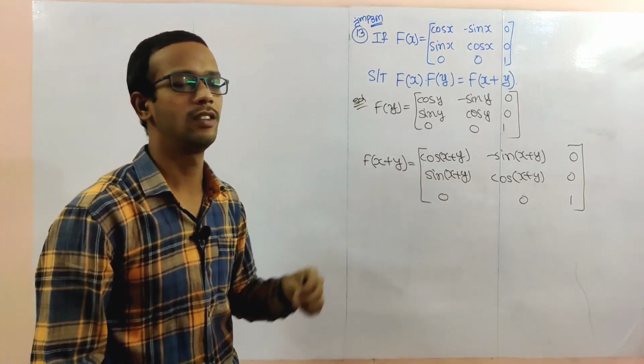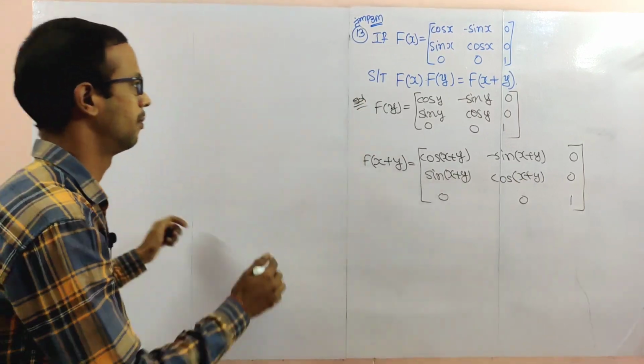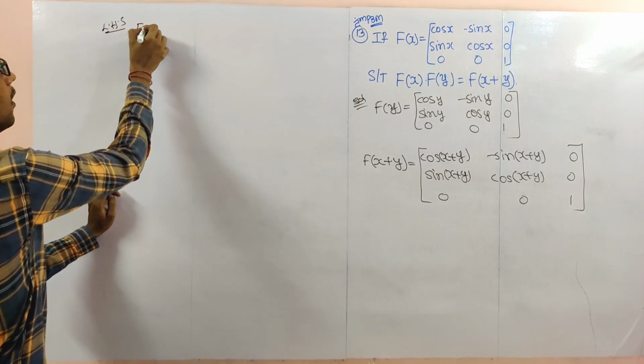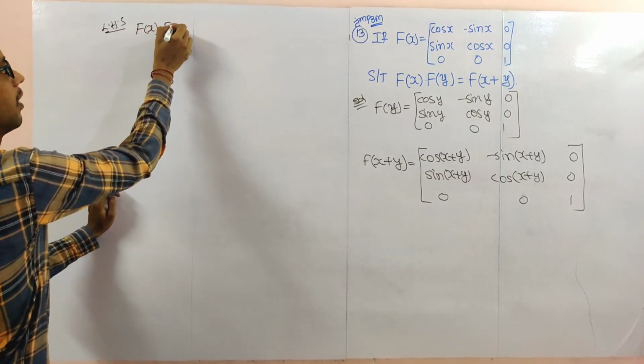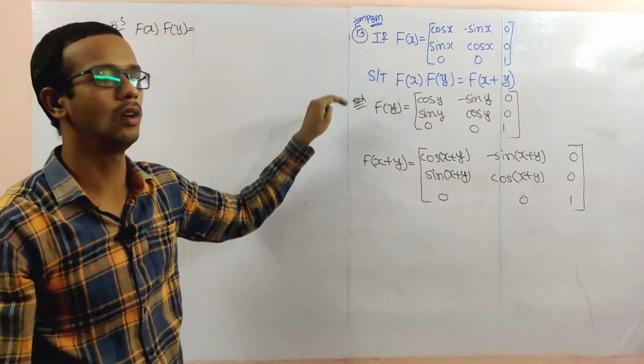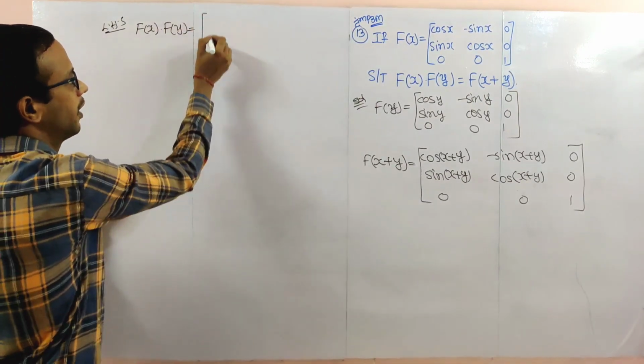Now I'll simplify the LHS side. LHS is f of x into f of y. What is f of x?